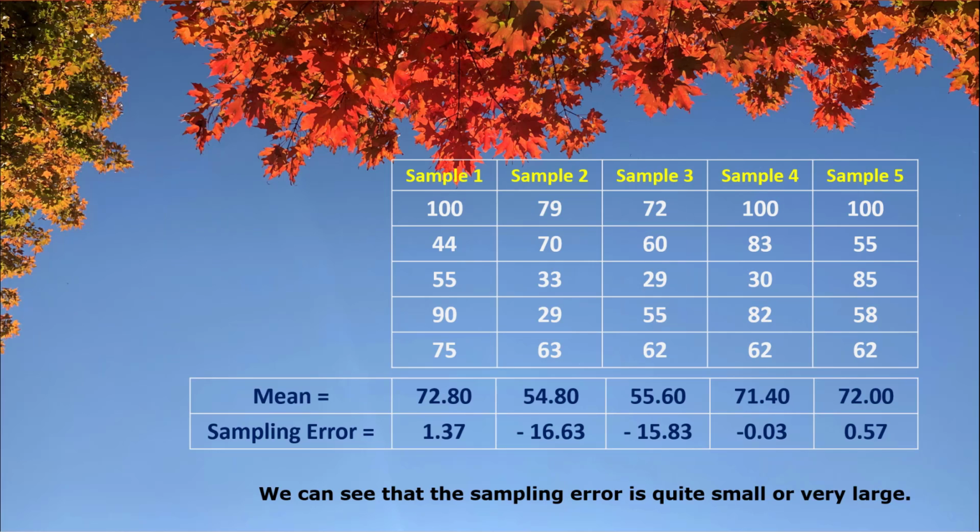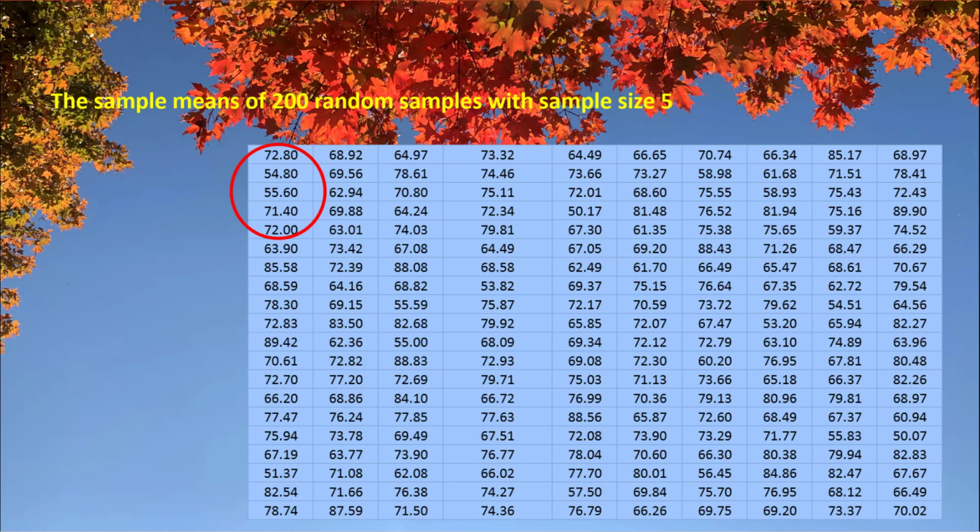Similarly, if we continue doing so, we see the sample mean varies and the corresponding sampling error could be quite different. Thinking about 200 random samples with sample size 5, we have 200 sample means listed here.